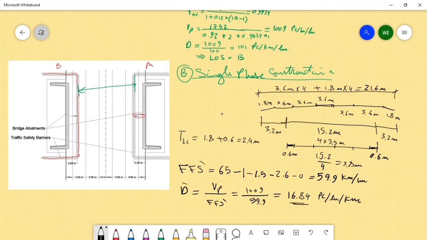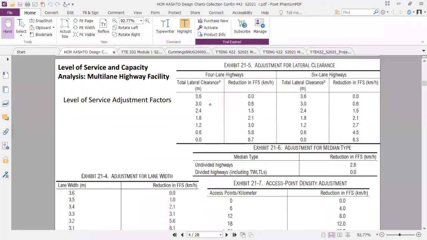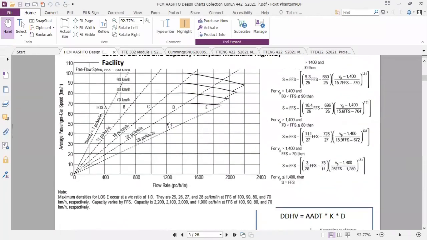So that's the density. Let's check to see what level of service this density corresponds to. As we can see, at level of service C, it's 16 something.